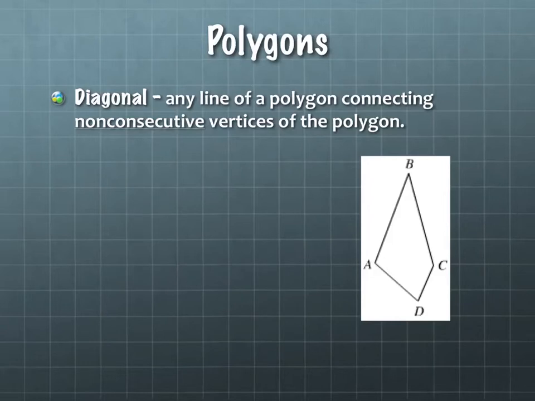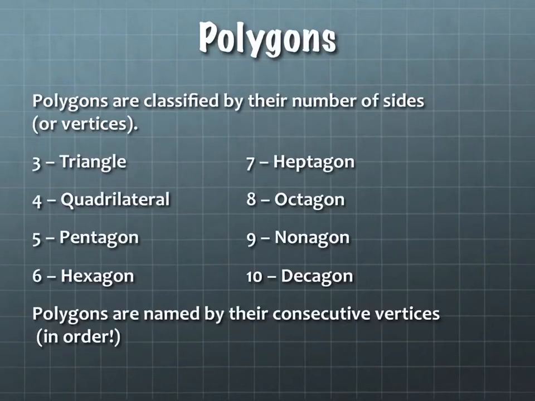A diagonal is any line of a polygon connecting non-consecutive vertices of the polygon. So what's the shape of this one over here, this polygon, ABCD? Yeah, it's a quadrilateral, right? These are our only options to choose from right now.